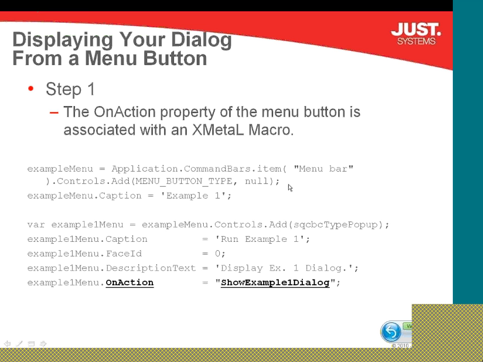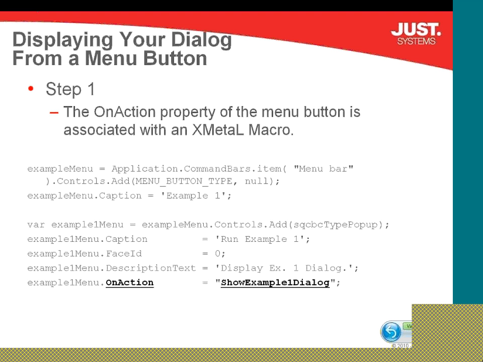That's the first couple of lines of code here, and that adds a new menu bar, which is going to be titled Example 1. So that's what you saw across the top of XMetaL Author. And then the code below that is adding the actual menu item for that first menu bar. You can see the caption is called Run Example 1, so that's what's going to appear on the button.